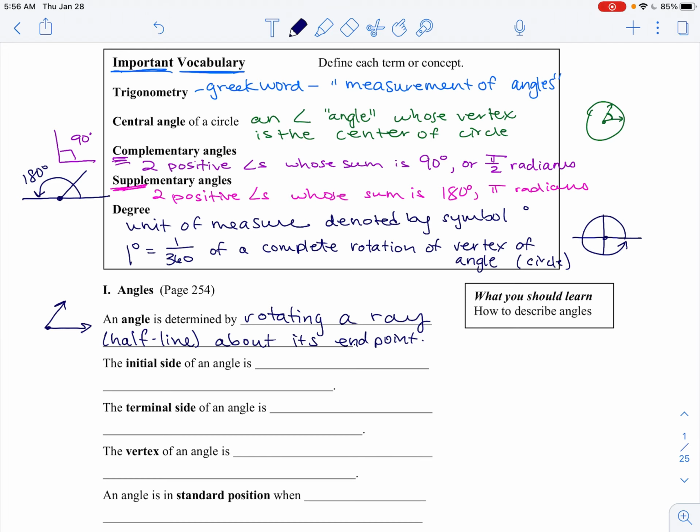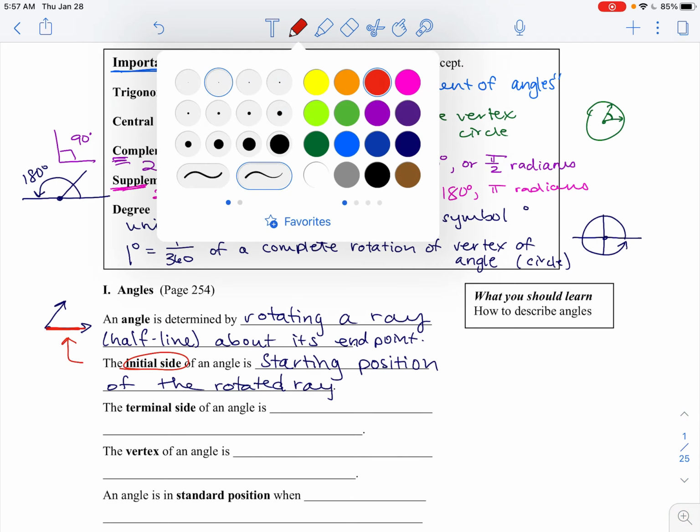The initial side is the starting position of the rotated ray, aka angle. So we could look at that like this. This is the starting position. The initial side is the starting position of the angle.